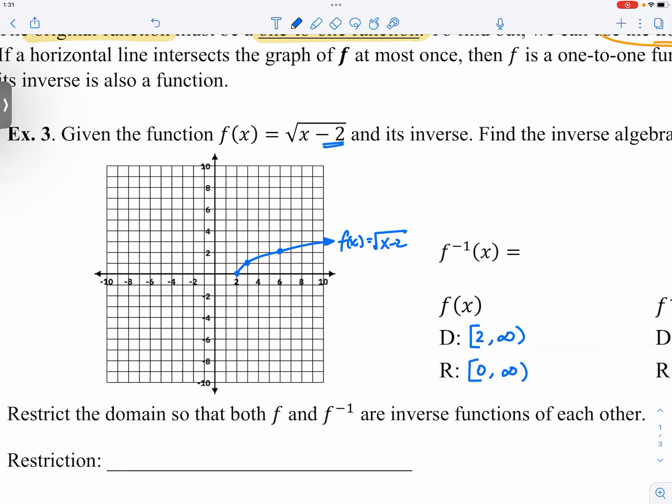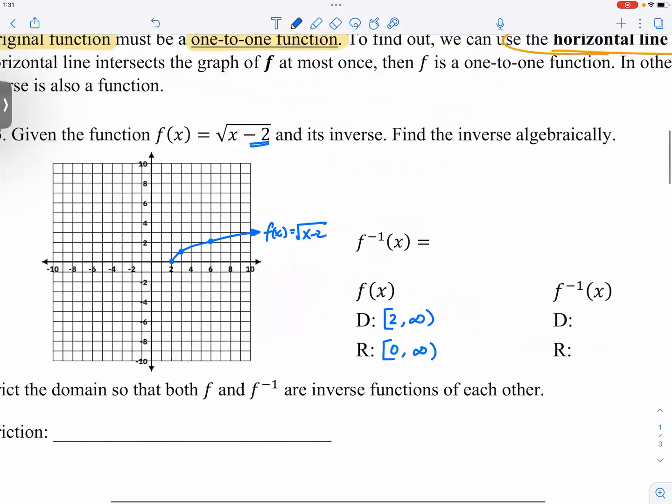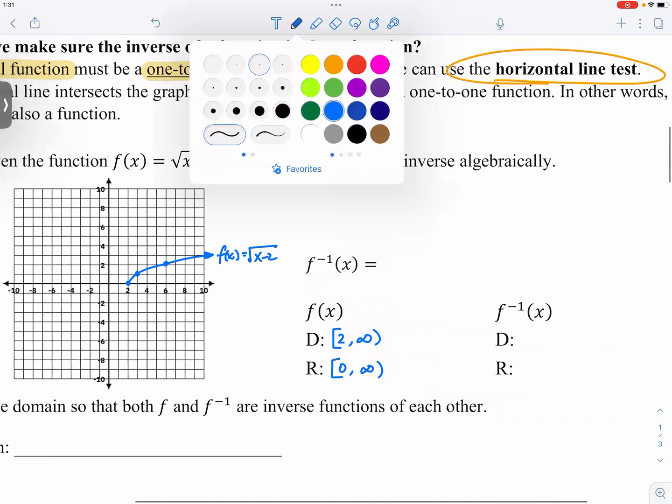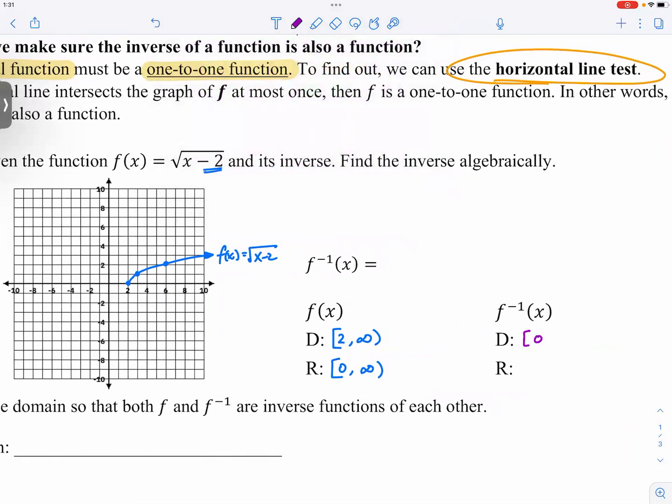Now, as we said earlier, you can draw the graph of the inverse to tell the domain and range, or you may just go ahead and write down the domain and range of the inverse because you know it's going to be swapped.